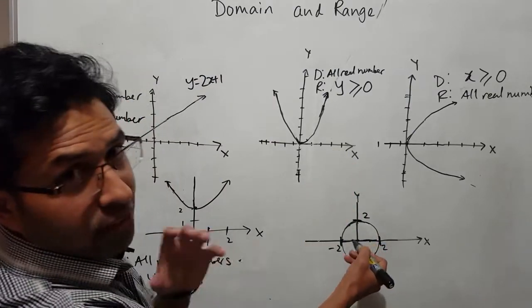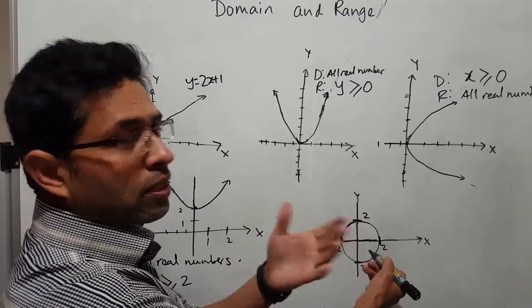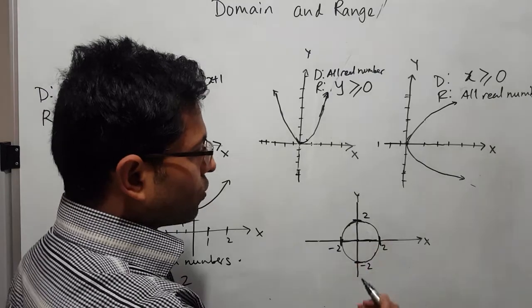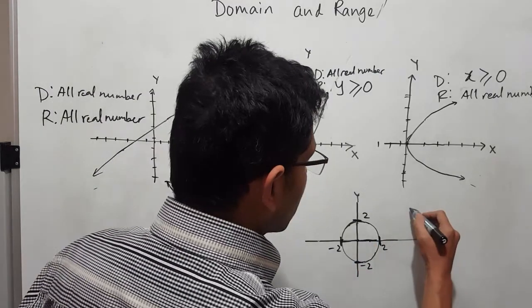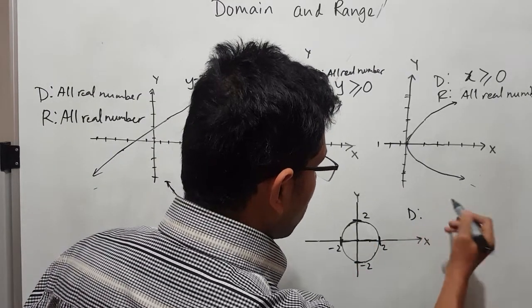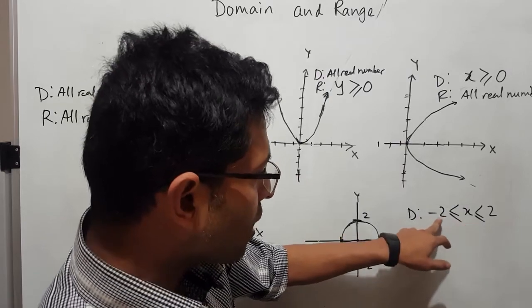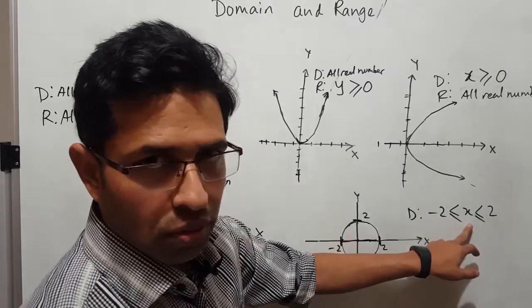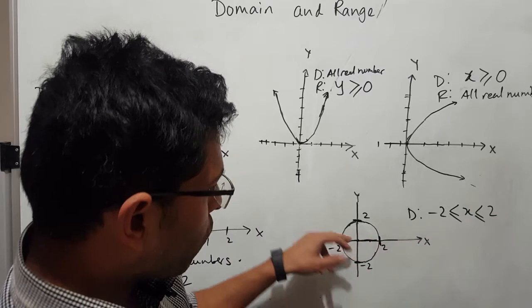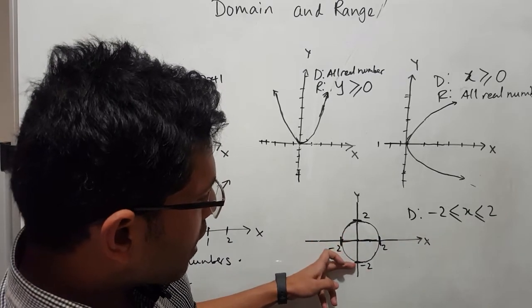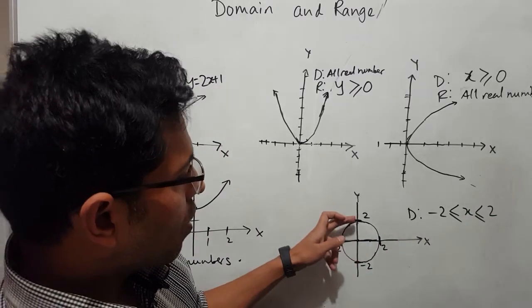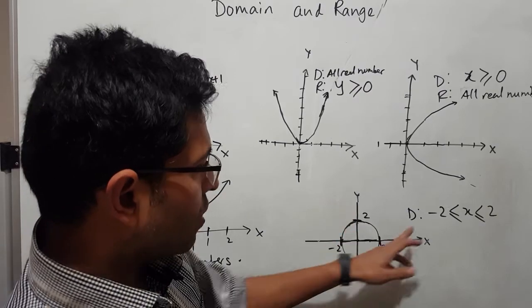So let's say the radius is 2 millimeter, centimeter, whatever. So it's 2 units. And then you can say, okay, our domain x is more than or equal to minus 2 but less than or equal to 2. Sorry, I'm talking about the x.